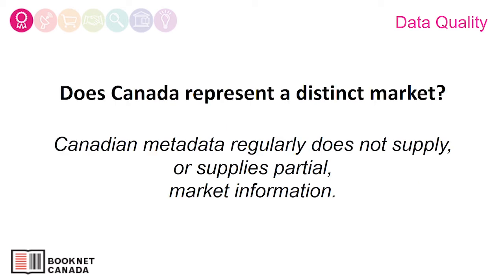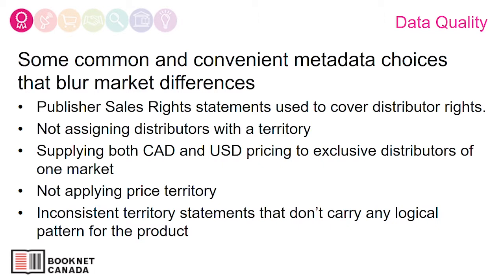Next slide. Does Canada represent a distinct market? Canadian metadata regularly does not supply or supplies partial market information. Next slide. Some common and convenient metadata choices that blur market differences.